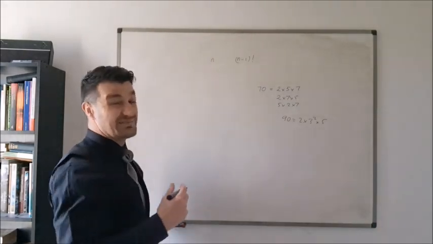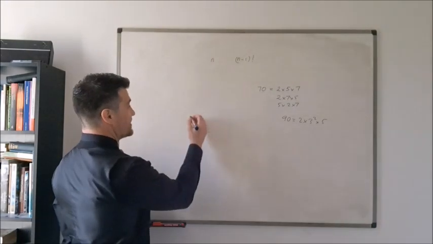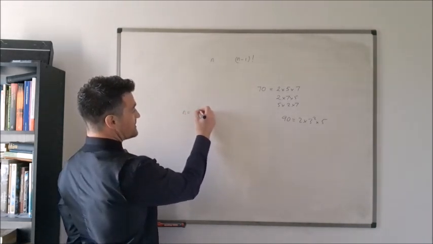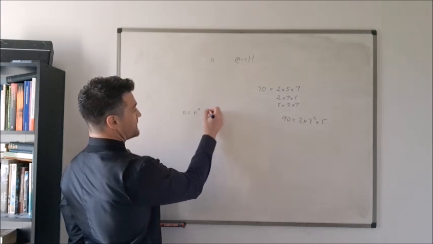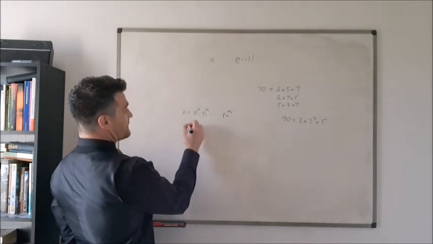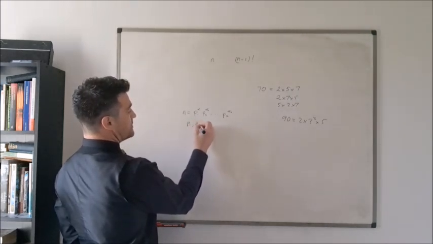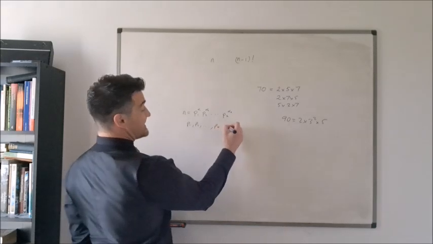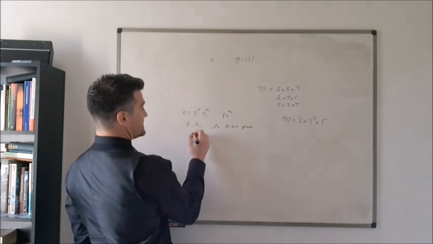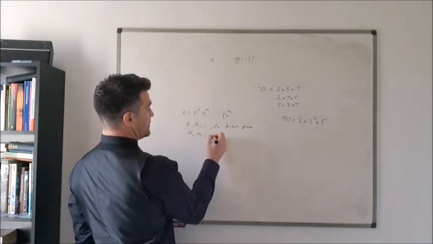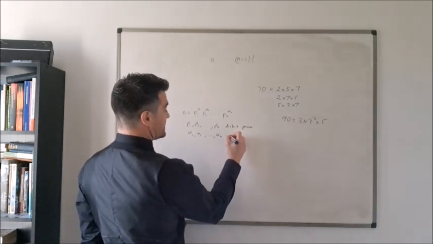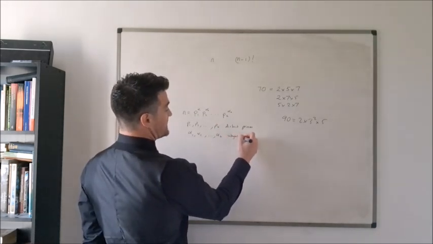Well, it just seemed like a natural thing to think about, to be honest with you. For example, let's say we've got n equals p1 to the power of alpha 1, p2 to the power of alpha 2, up to pk to the power of alpha k, where p1, p2, up to pk are distinct primes, and alpha 1, alpha 2, up to alpha k are positive integers, so integers greater than or equal to 1.